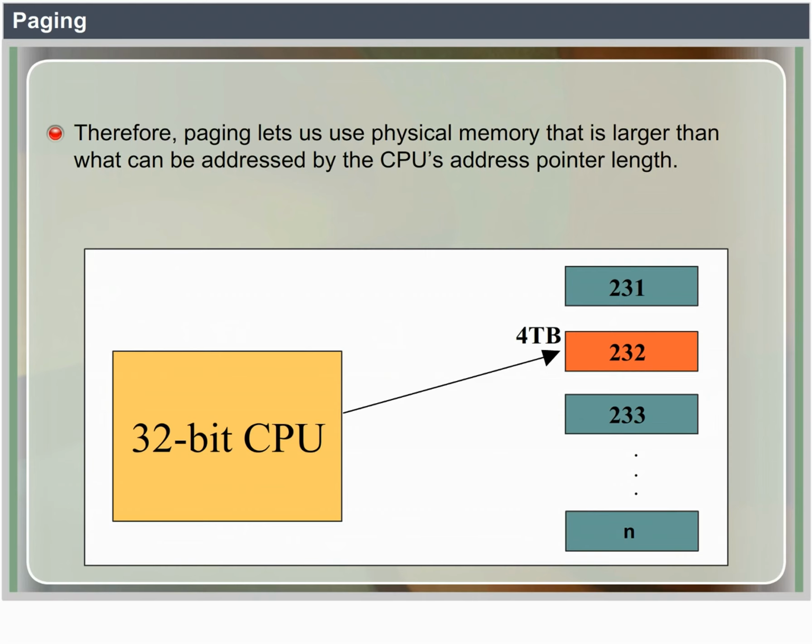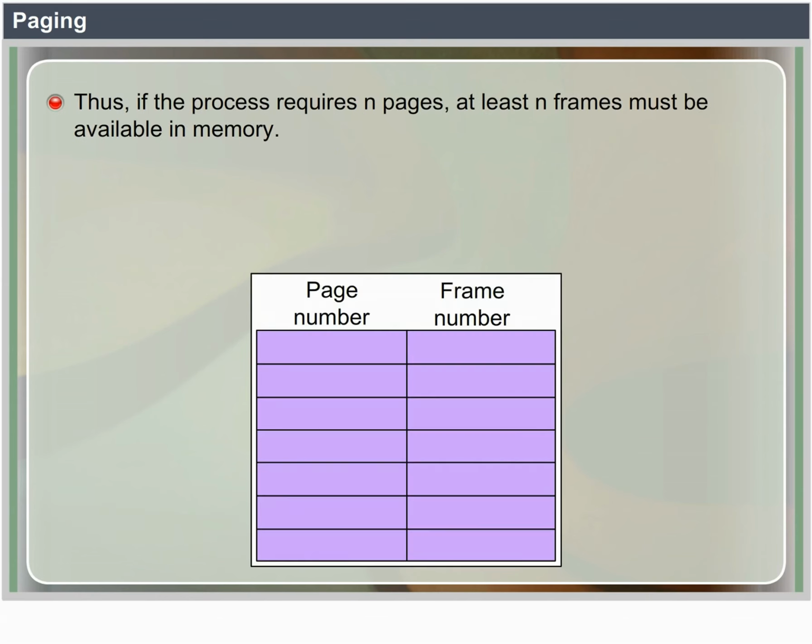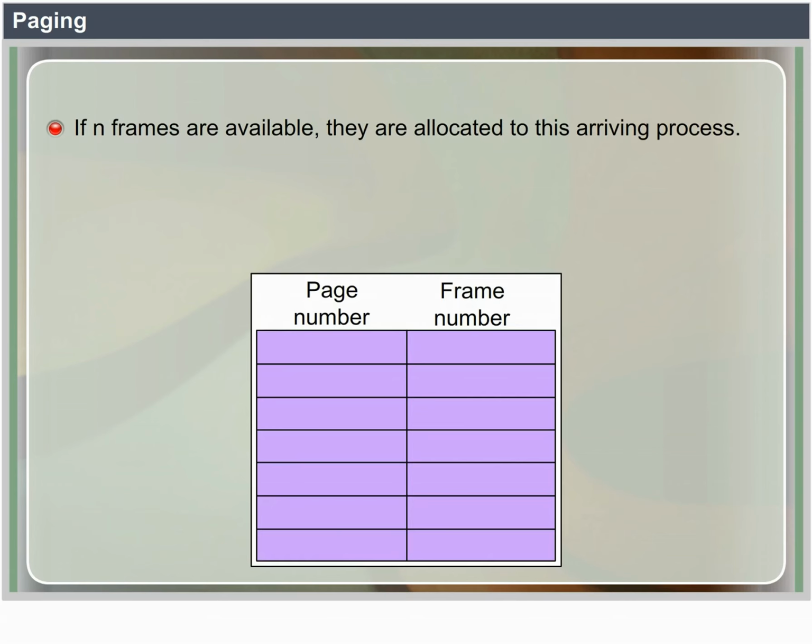When a process arrives in the system to be executed, its size, expressed in pages, is examined. Each page of the process needs 1 frame. Thus, if the process requires n pages, at least n frames must be available in memory. If n frames are available, they are allocated to this arriving process.